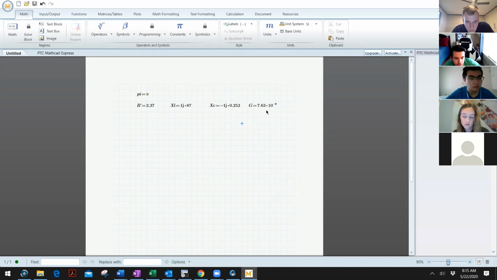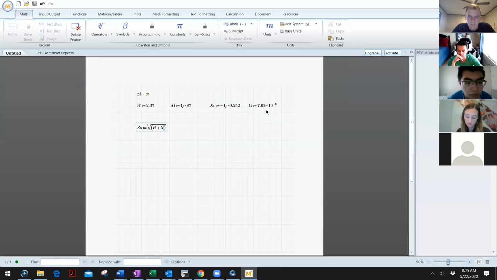All right, I'm doing this for a reason because I'm going to show you how these calculations are so easy to do here, and it pops the information out so quickly. Now, Z naught, the characteristic impedance, is equal to the square root of R plus XL, divided by G plus XC.